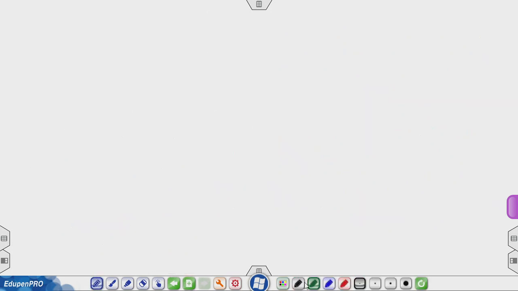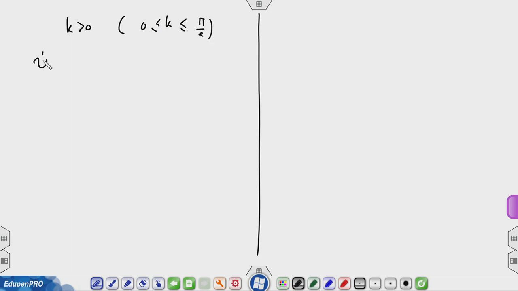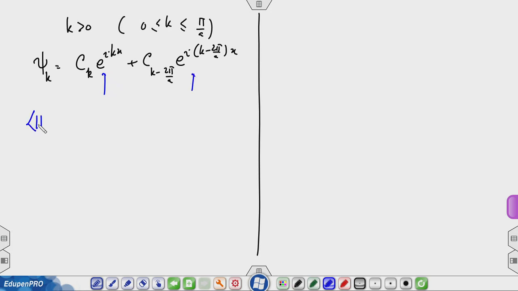So, for k greater than 0, that is k between 0 and pi by a, I am taking psi_k equals c_k e raised to i k x plus c_(k minus 2 pi by a) e raised to i (k minus 2 pi by a) x. This automatically mixes those two wave functions that I am supposed to mix, but calculates the energy for all other k's also by mixing these two. So, I am mixing only these two wave functions and calculating the expectation value of H.